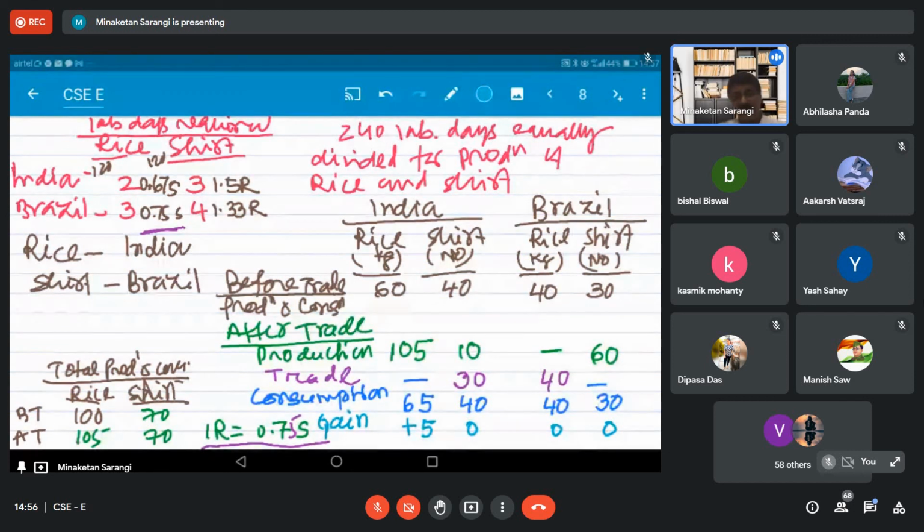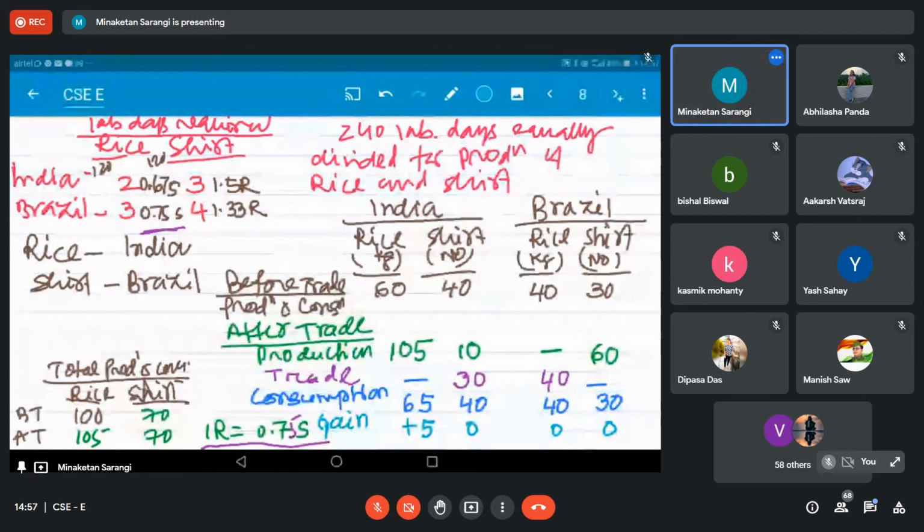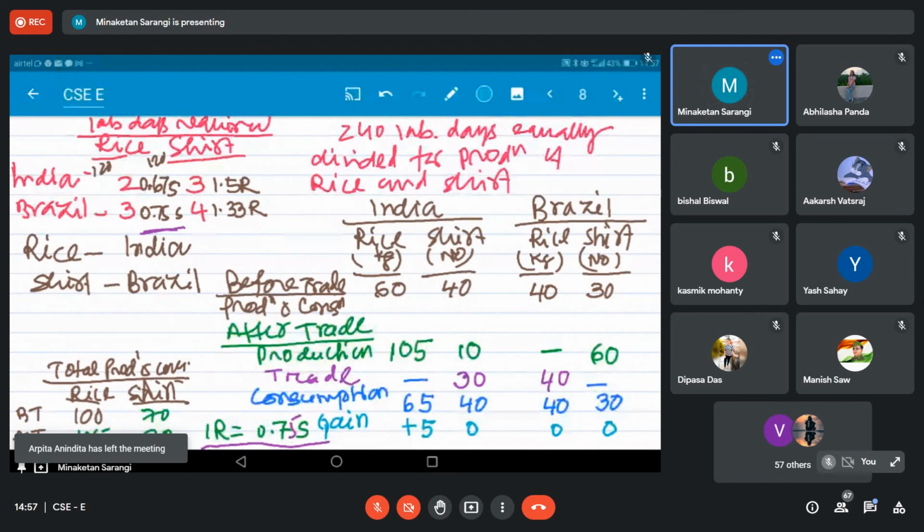So how much gain will there be for the two countries? That depends on what the total production will be after trade. There is no gain in sat, as total production of sat before trade and after trade is the same, so no gain is possible for consumption of sat.